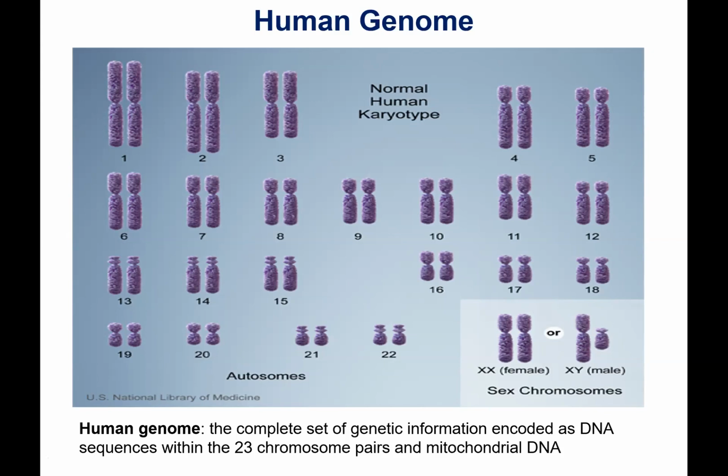We have 23 pairs of chromosomes: 22 autosomes, then the 23rd pair determines either girl or boy. For each chromosome pair, one comes from the mother and one from the father. When we talk about the human genome, that means the genetic information encoded in the DNA sequence within all these 23 pairs of chromosomes and also the mitochondrial DNA.